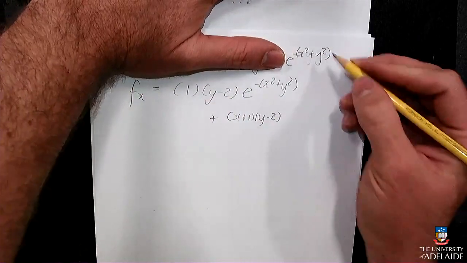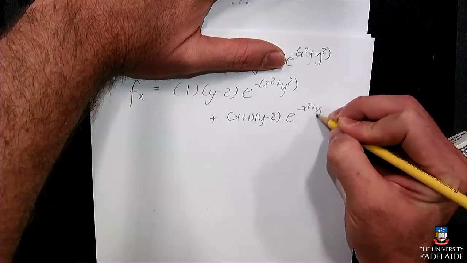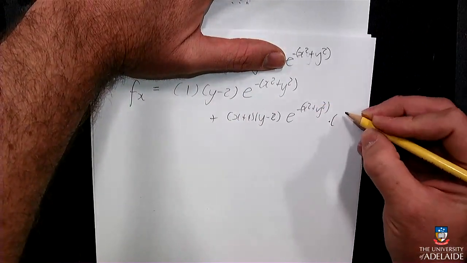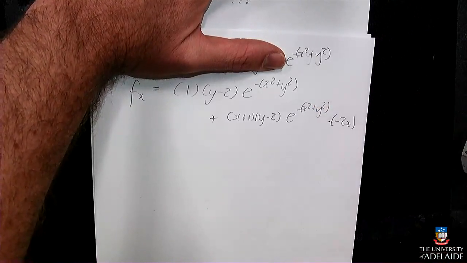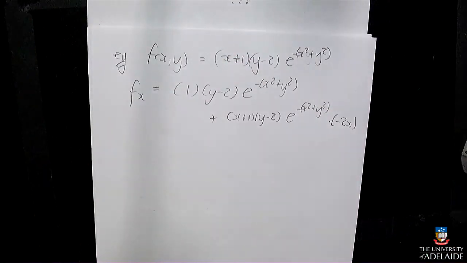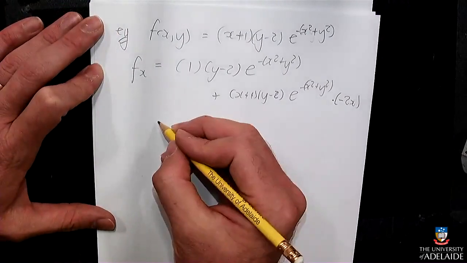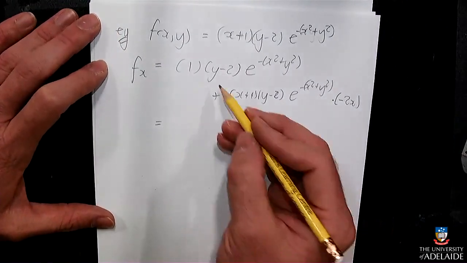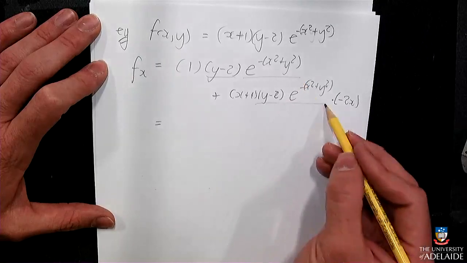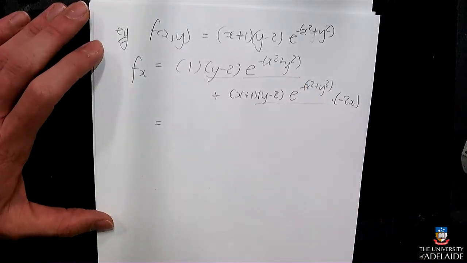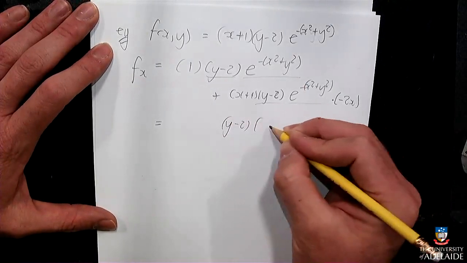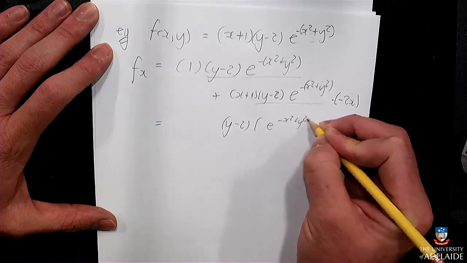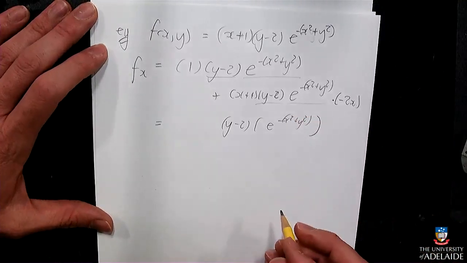And the derivative of this would be the same, because that's how e works, but because of the chain rule, we'll have to multiply by minus the derivative of this with respect to x, which is 2x, because the bit involving a y wouldn't do anything. Sweet. Okay. I feel like I ought to factorize this a little bit. Both of them have a y minus 2 and an e to the minus x squared plus y squared, so I might pull that out. And then what are we left with?